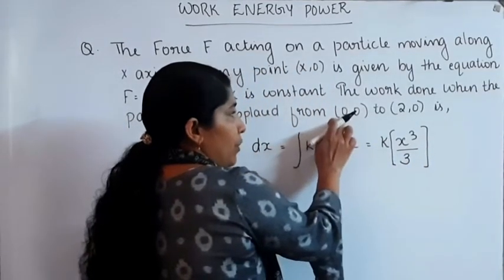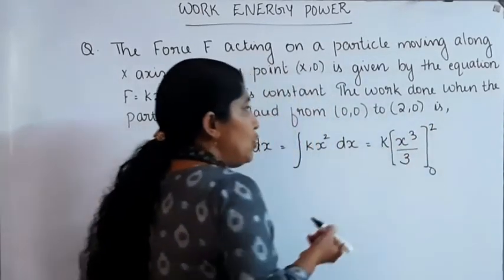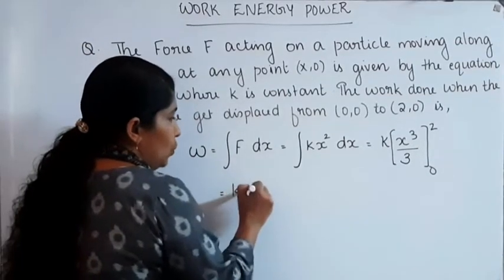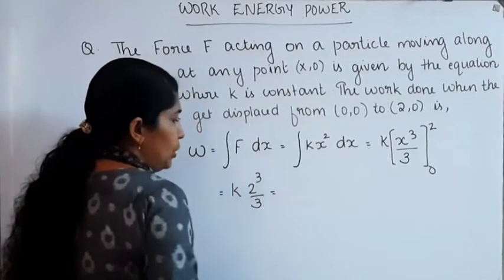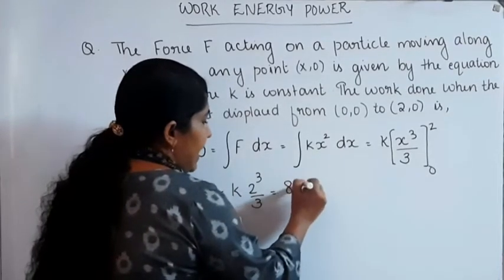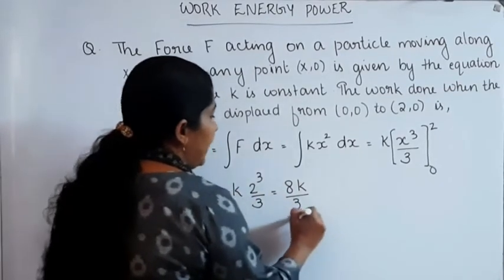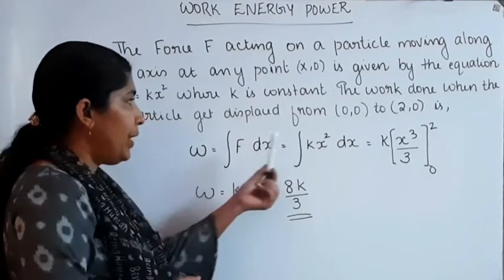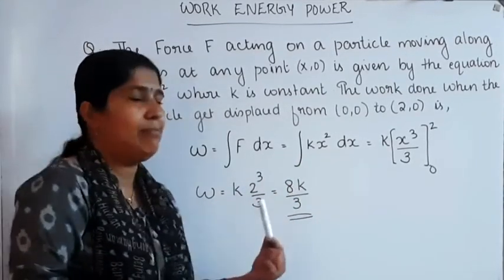The movement on the x-axis is from 0 to 2. Substituting the value 2, k into 2 cube divided by 3, that's equal to 8k by 3. Work done W is equal to 8k by 3. This is the answer.